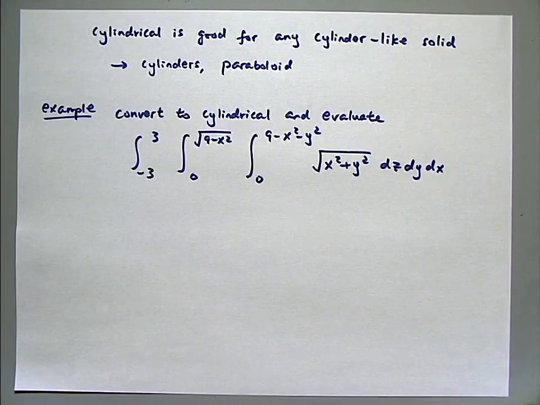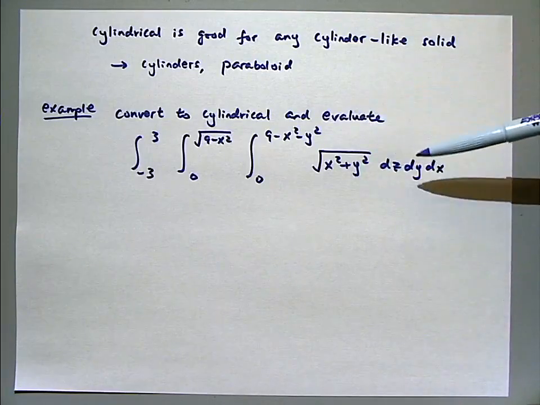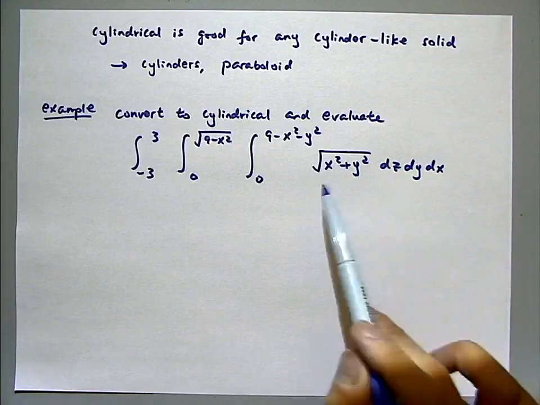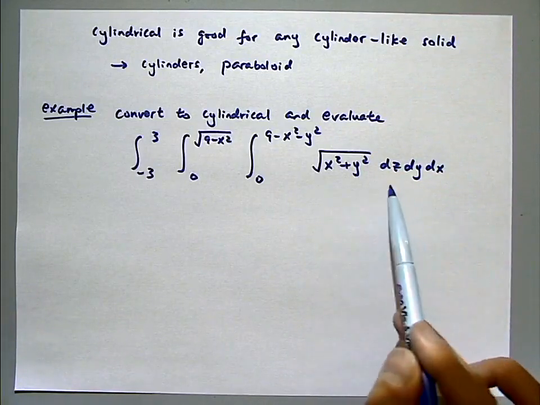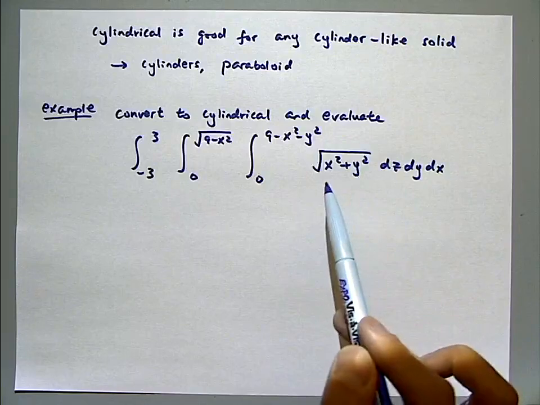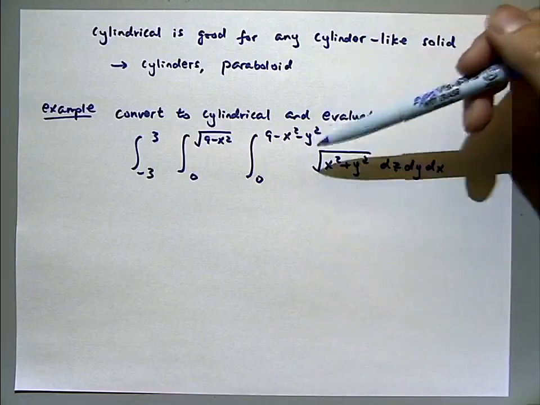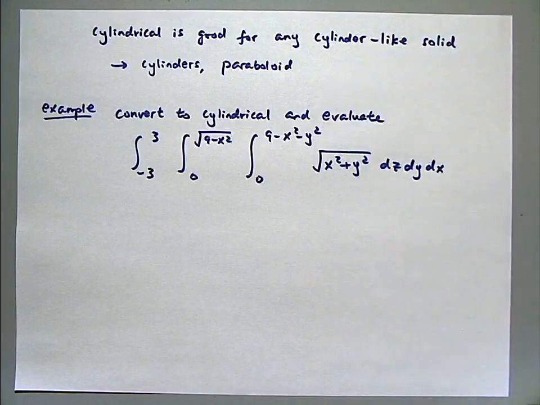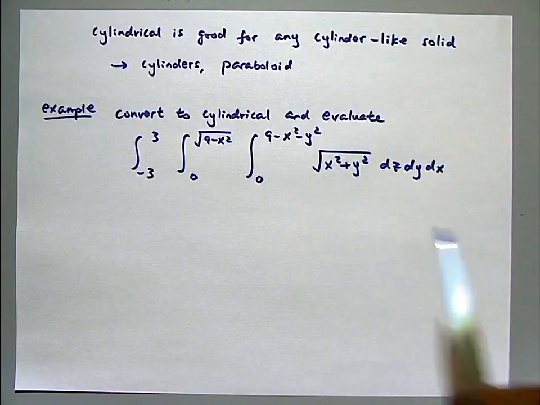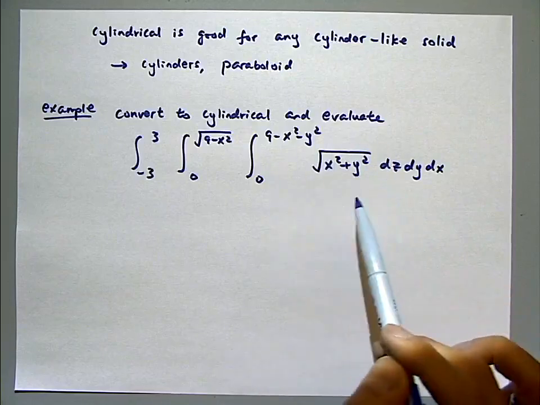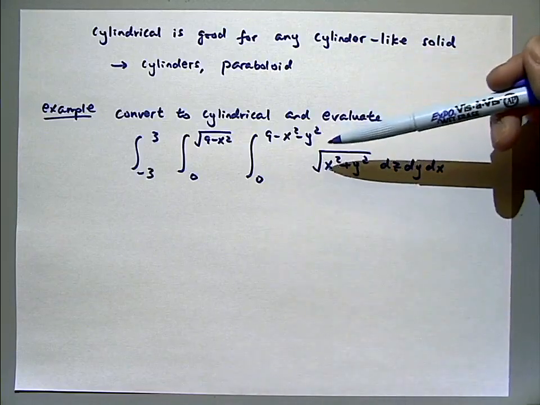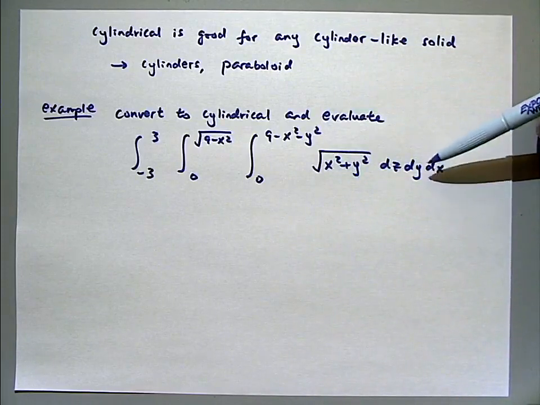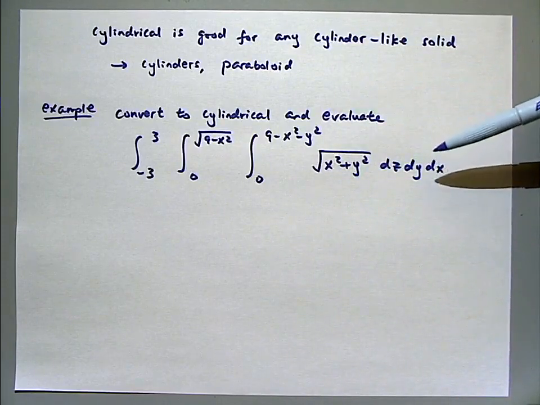And you look at this thing here, you know you're going to get a very, very nasty integral if you start by integrating in Cartesian. The first round will be very, very easy to do because there's no z in here. So you just simply gain a z, and this gets multiplied by that. Starting with the second round, then you're going to get into a big problem. You're integrating square root of x squared plus y squared times 9 minus x squared minus y squared with respect to y. That's a nasty integral to deal with in Cartesian.